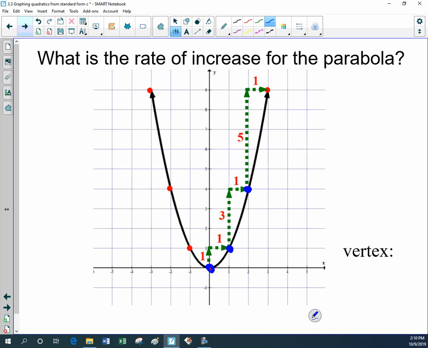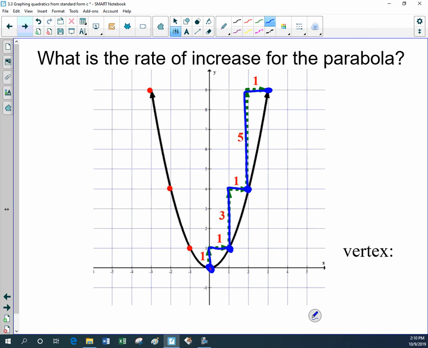And then from this point, it would go up 5 and over 1. So we went up 1 over 1, up 3 over 1, up 5 over 1. And if you were to guess, you would probably guess right.